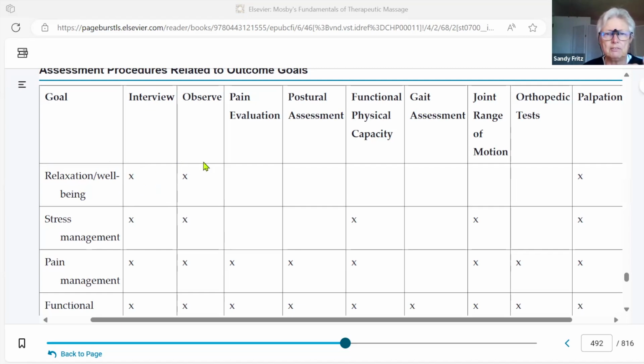So the interview and observation and palpation are our main identifiers. And then also rhythmic joint movement can also give us some information. When we move down here to stress management, now we have interview, observation, possibly these others, but certainly functional physical capacity, joint movement, and palpation.